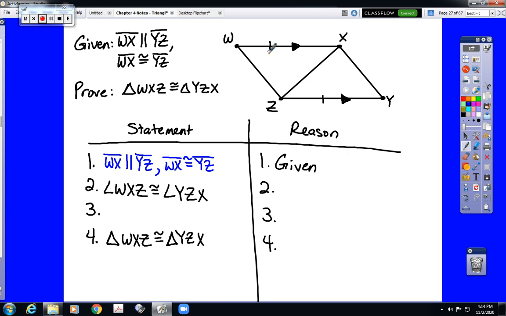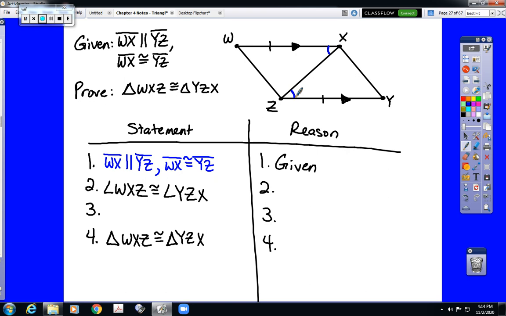Now, the only reason that they would tell us that two line segments in this picture are parallel is because that would imply that there is a pair of angles that fit one of our transversal vocabulary rules. So in step 2, you'll notice they declared these two angles, WXZ and YZX, as being congruent. If we go to the picture and we find those angles, WXZ would be this angle, and YZX would be this angle.